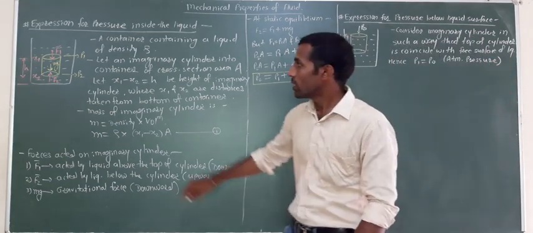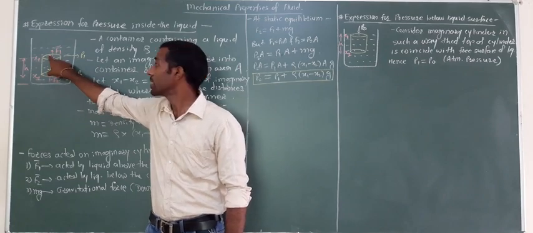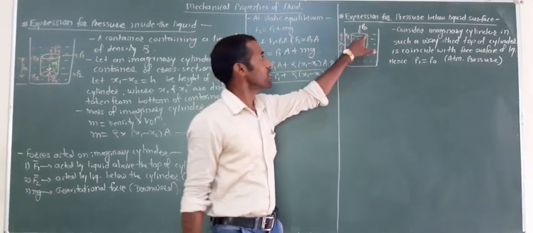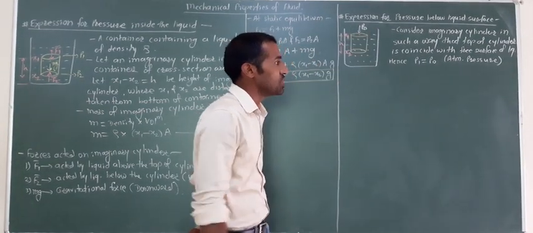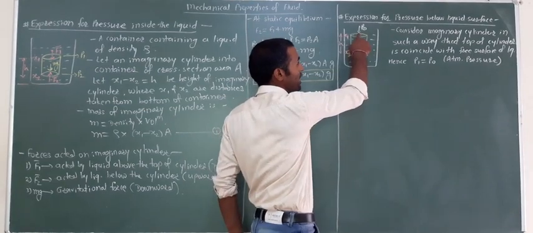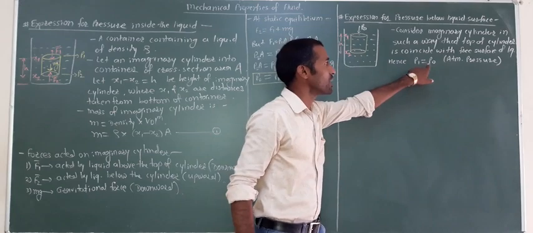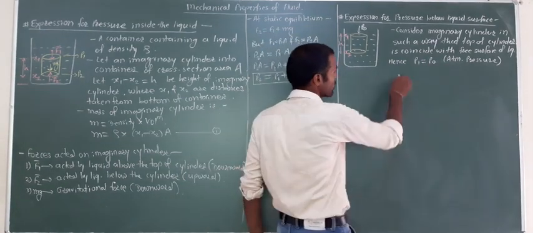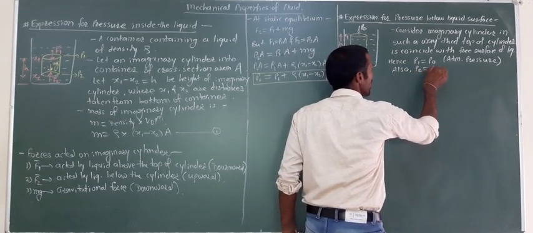Our pressure P1 was inside the liquid before, but in this case that point is at the free surface of the liquid. So the pressure exerted at that point is due to the atmosphere, and that pressure we have taken as atmospheric pressure. Also substitute P instead of P2.